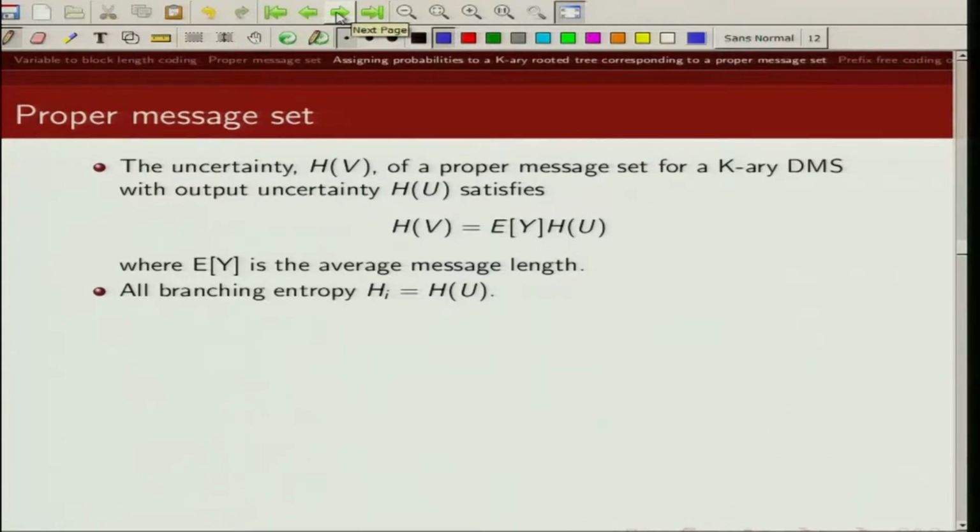Now please note that the branching entropy for this proper message set is given by H of U. Why is this true? Again, just go back and draw a proper message set. Let's draw the same proper message set that we have been working with.